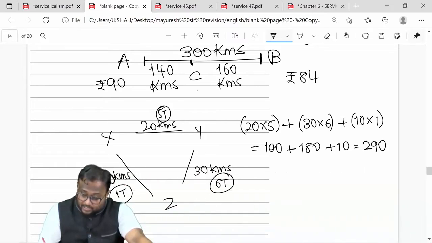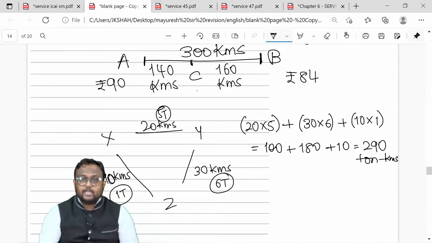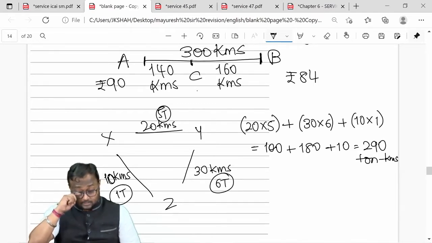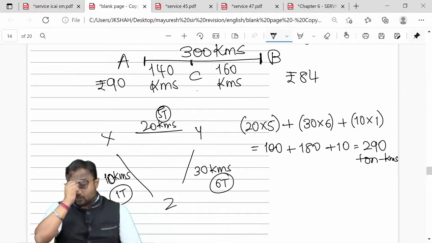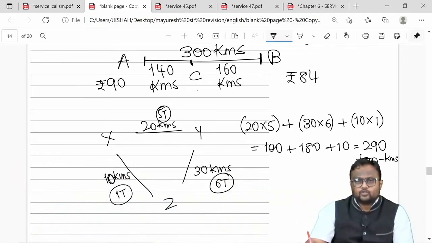So 290 ton kilometers is the answer. 20 kilometers with 5 tons, 100; 30 kilometers with 6 tons, 180; 10 kilometers with 1 ton, 10. So 290 is the answer. Absolute ton kilometer is whenever there is a change in the load, you change the calculation.